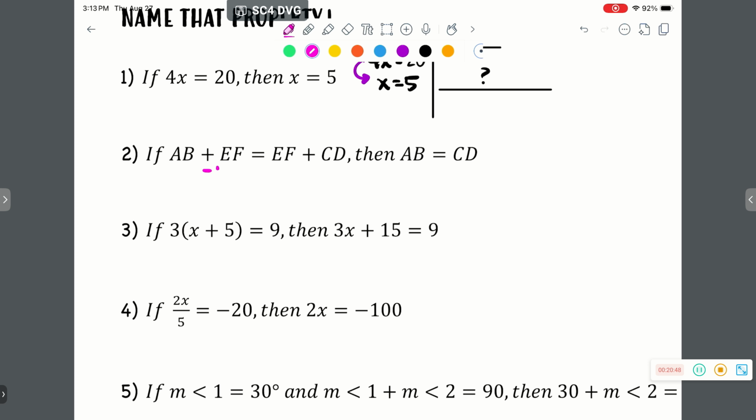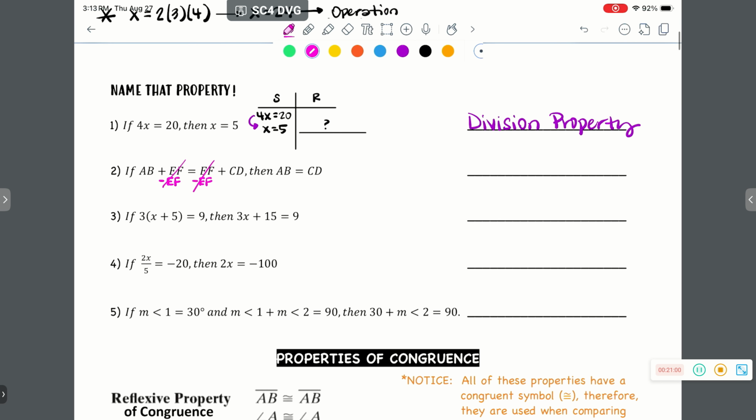I know this one was tricky. So if I were to subtract EF from both sides, they would cancel out, and that would give me the conclusion that AB equals CD. Okay? So this is the subtraction property. Please do not abbreviate that sub property because why?